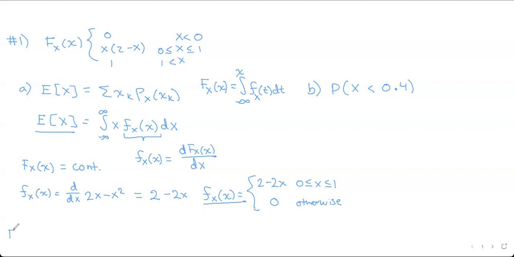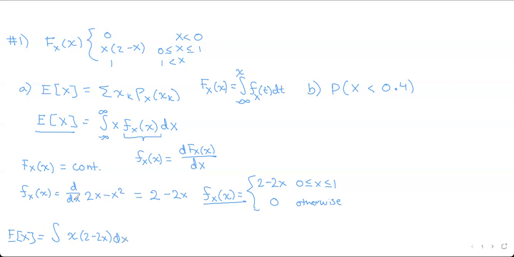So the expectation of x, the expectance of x, we're going to integrate x times our PDF, which is 2 minus 2x, right? So we'll have x times 2 minus 2x, and we're going to integrate that with respect to x.